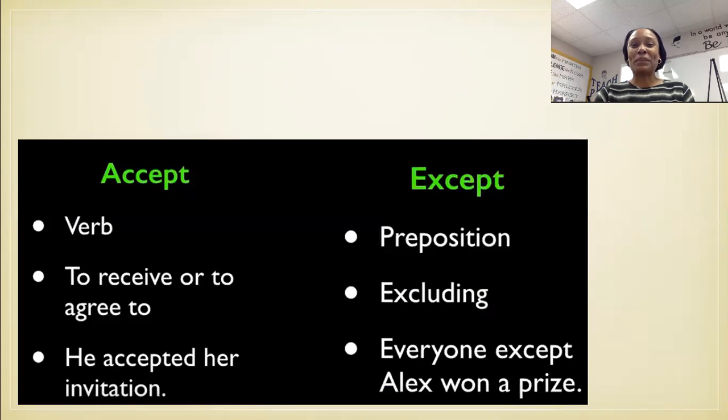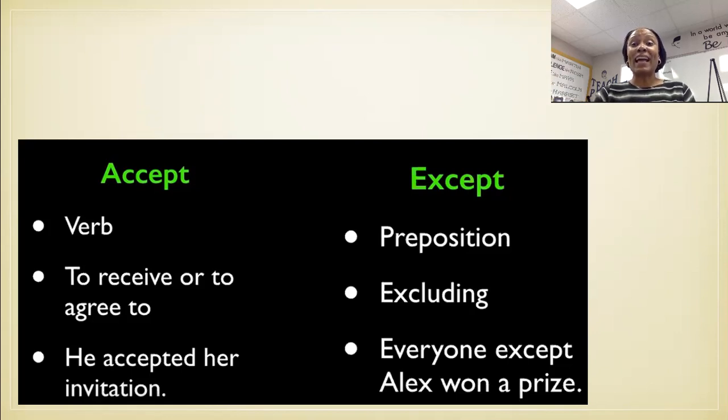Here we have an example of two, which are accept versus except. Accept is a verb and it means to receive or agree to. The example we have here says he accepted her invitation. In other words, he received her invitation. He agreed to her invitation.